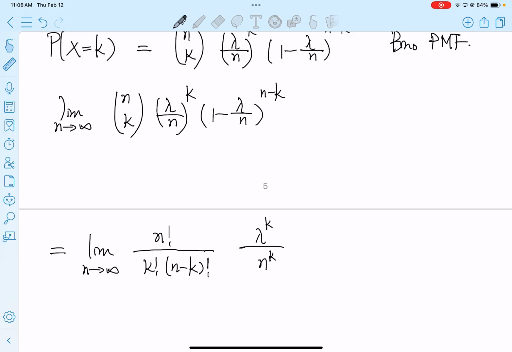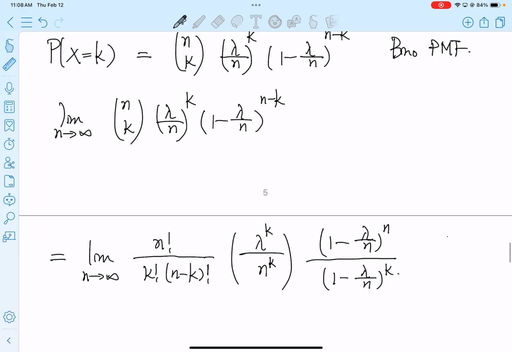And then for 1 minus lambda over n raised to the power of a difference, I'm going to write it as 1 minus lambda over n raised to the power of n, times 1 minus lambda over n raised to the power of k. I think this should be n.